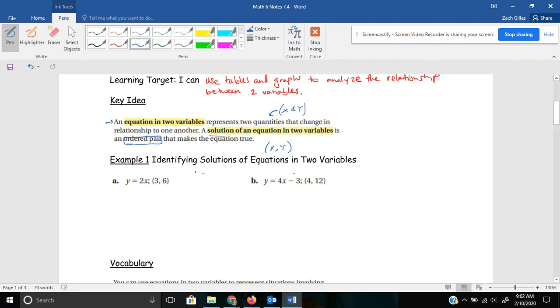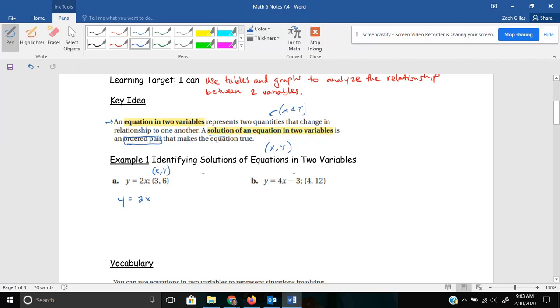So in example 1 here, it's kind of quick and easy. It says, tell whether the ordered pair is a solution of the equation. So here's our equation, y equals 2 times x. And we want to check and see, does 3 comma 6, remember that an ordered pair is x first, then y.